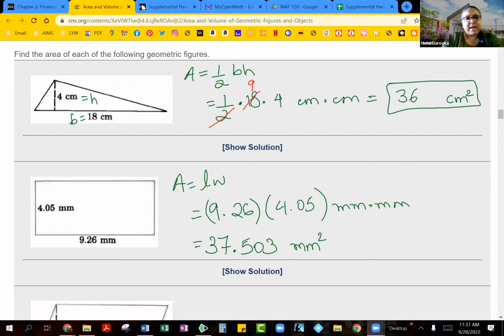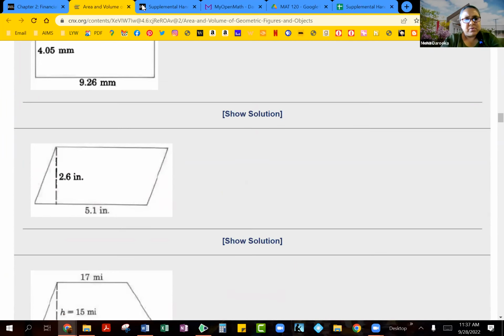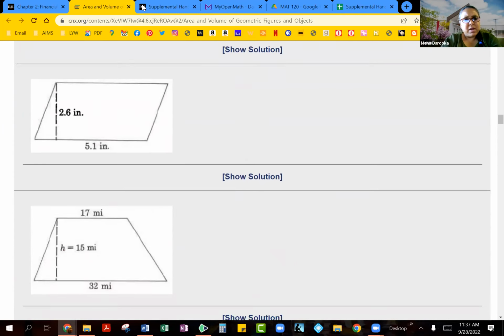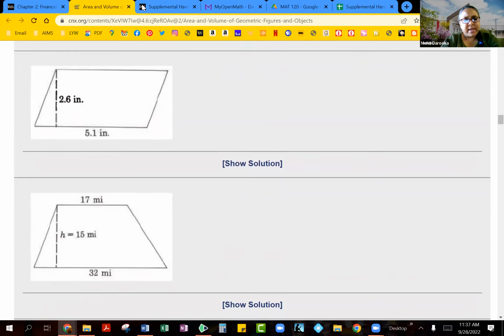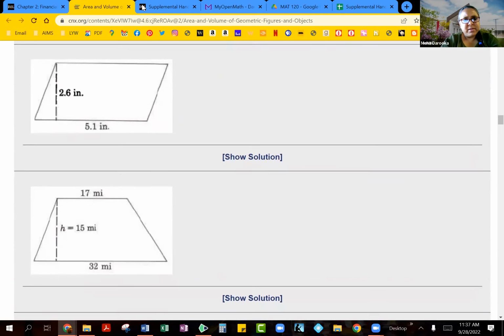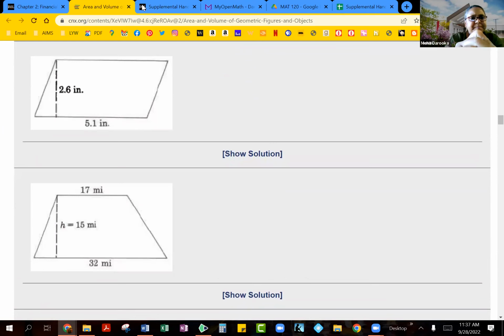Okay, let's look at some other shapes. So now we're getting into parallelogram and trapezoid. So remember, the area of a parallelogram is base times height. In this case, your base is where the perpendicular height meets at 90 degrees.